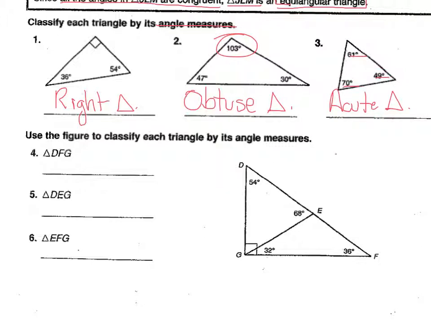There you go. Okay. So now on the second part of this section, it says classify each triangle by its angle measures. And notice that in this one, the first one, triangle DFG, D, F, and G, it's the big triangle. So how would you classify that big triangle?